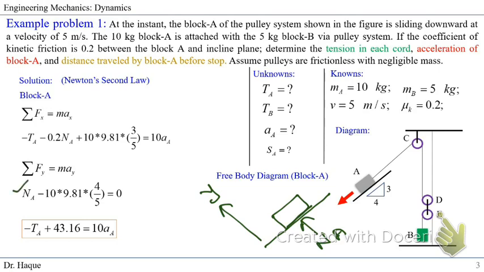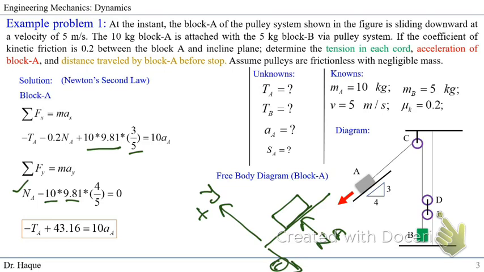So this is positive direction and this is negative. So NA, and then mass Z, and then we had the triangle.